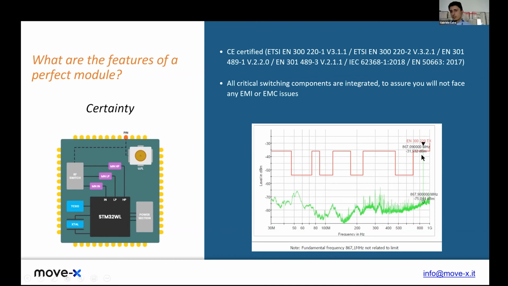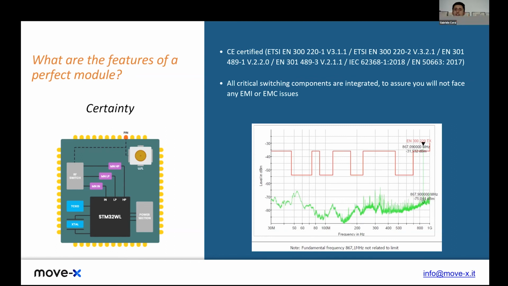Of course, the 86.7 megahertz tone is above the limit, but that's the tone that we radiated during the transmission, so that was not counted in the certification, of course.